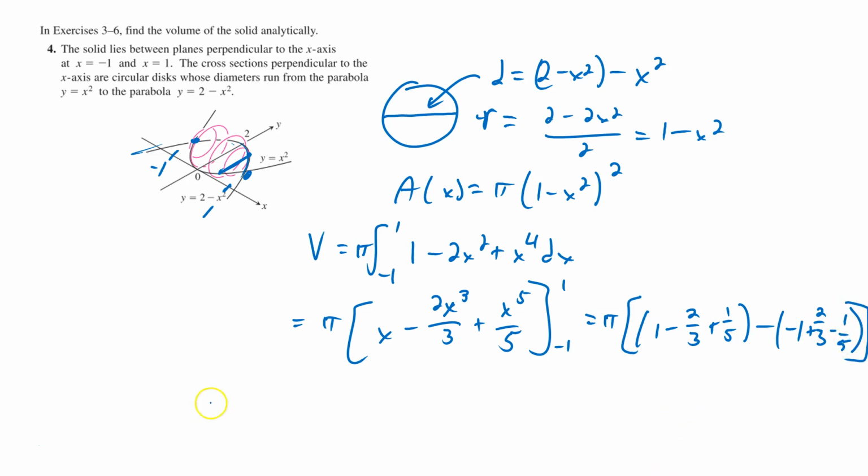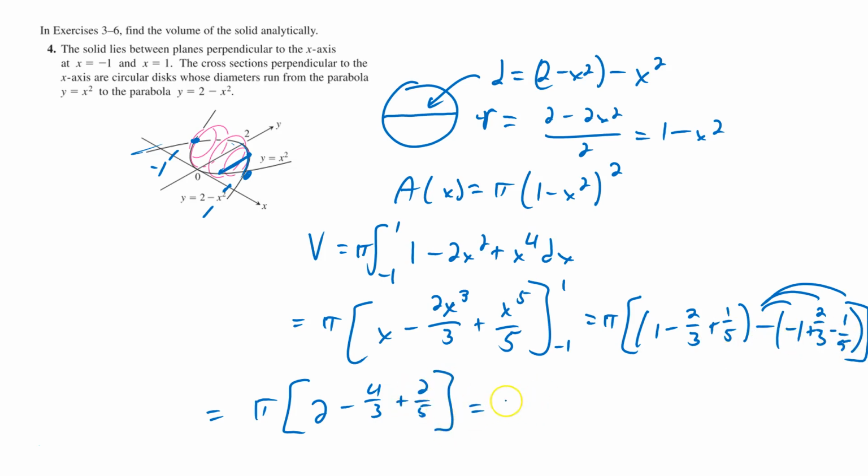Okay, so pi times, let's see here, so we have 1 plus 1, right, because this negative was going to distribute in all the way here, so we have 2 minus 2/3 minus 2 more thirds is minus 4/3, and then plus 1/5 plus 1 more 1/5, because we have two negatives there, so plus 2/5.